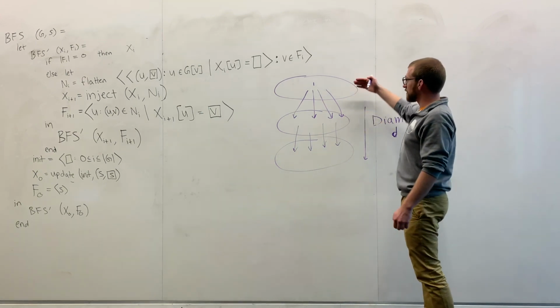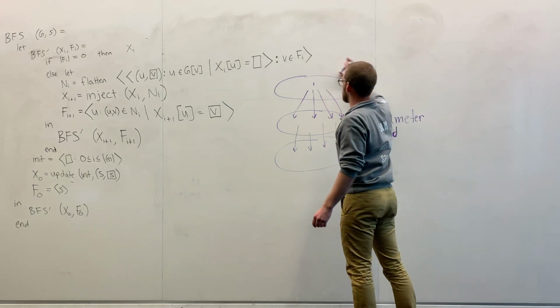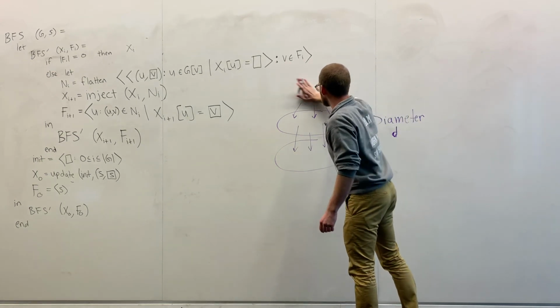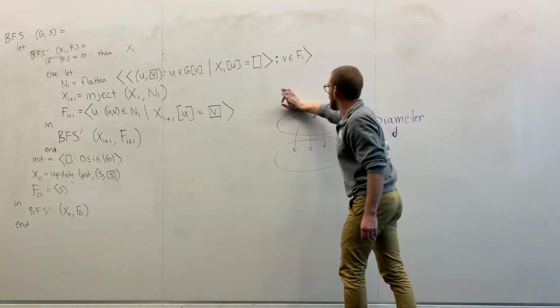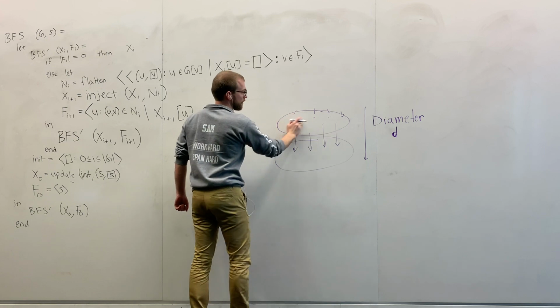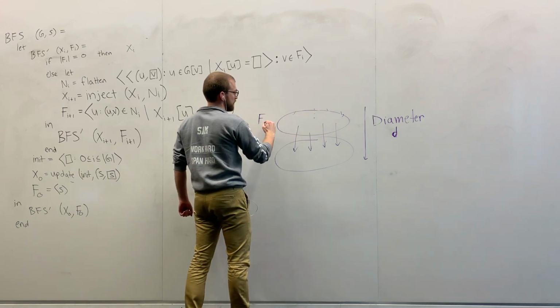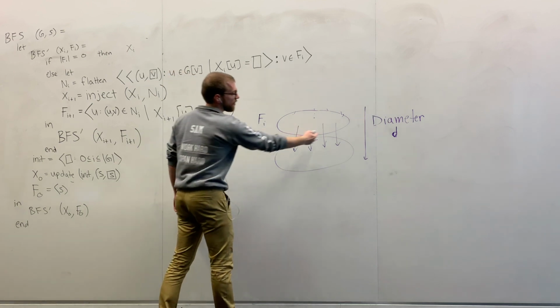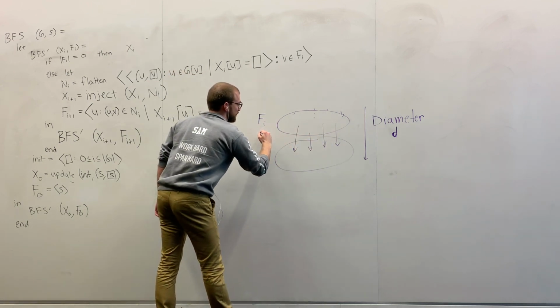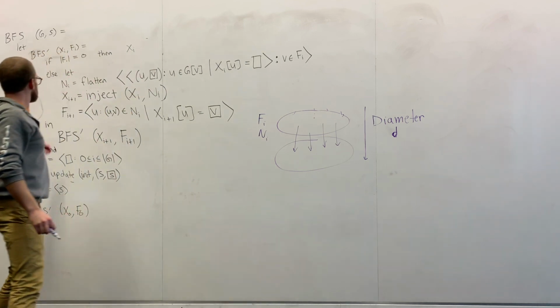So coming back, how much work do we do per round? Let's imagine we're somewhere in the middle of a BFS. And on a particular round, we have some frontier, Fi, and then all of these edges are the neighbors on that round.